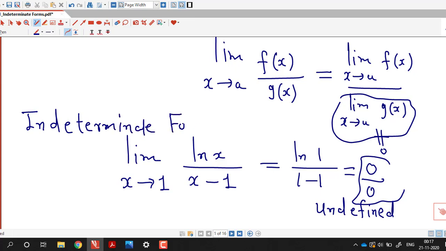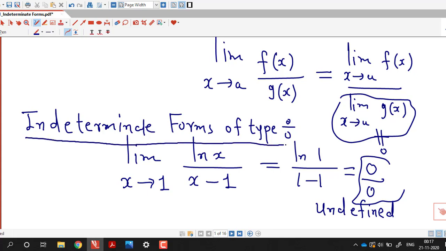Indeterminate forms of type 0 by 0, because here after taking x equal to 1 I obtain 0 by 0. So this type of form is known as an indeterminate form of 0 by 0 type.